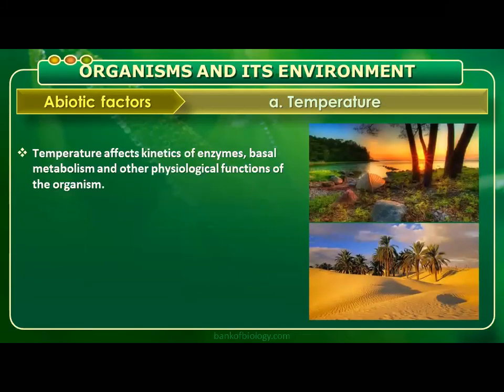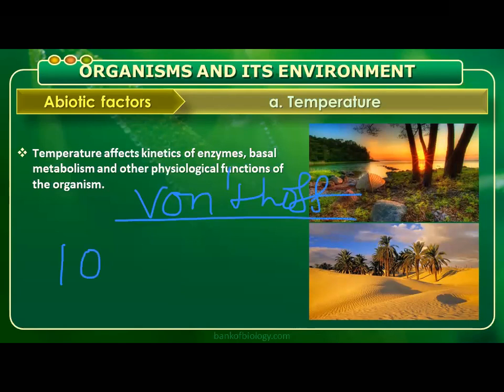So, temperature affects kinetics of enzymes, basal metabolism, and other physiological functions of the organism. According to the Van't Hoff rule, the 10 degrees centigrade temperature rule, which is not mentioned in the text but given just for information, for every 10 degrees rise of temperature up to a certain limit, the body's metabolic activities double.